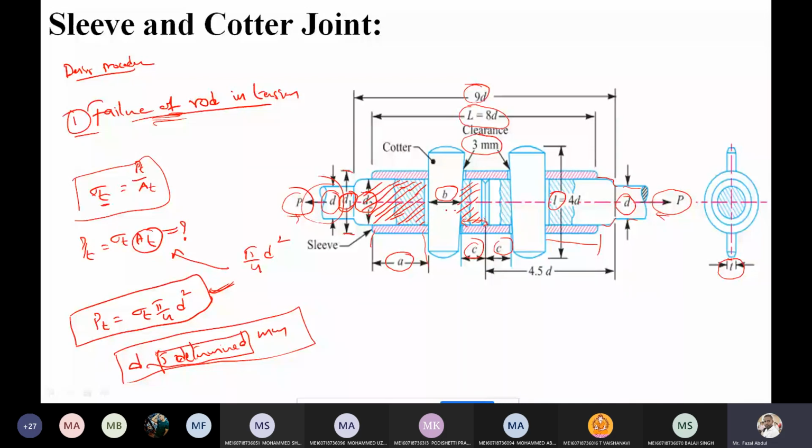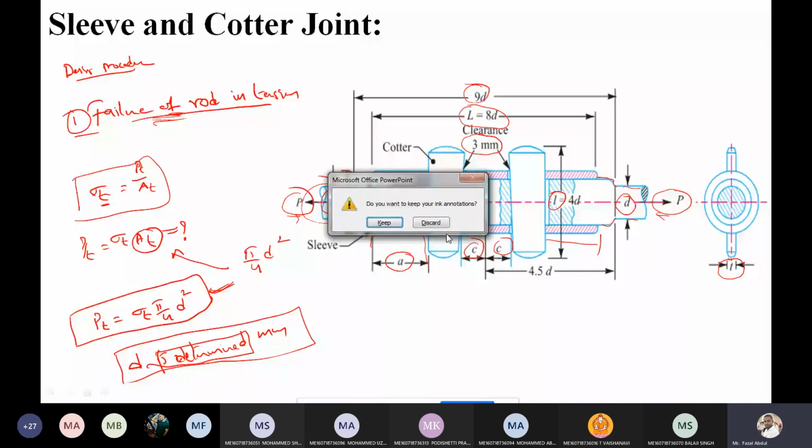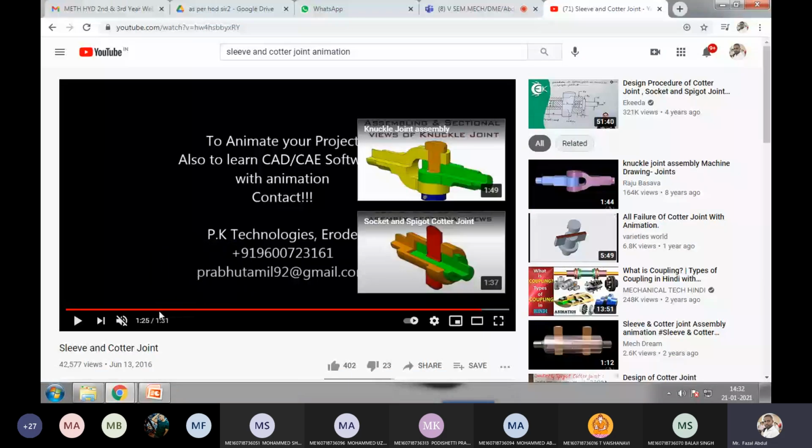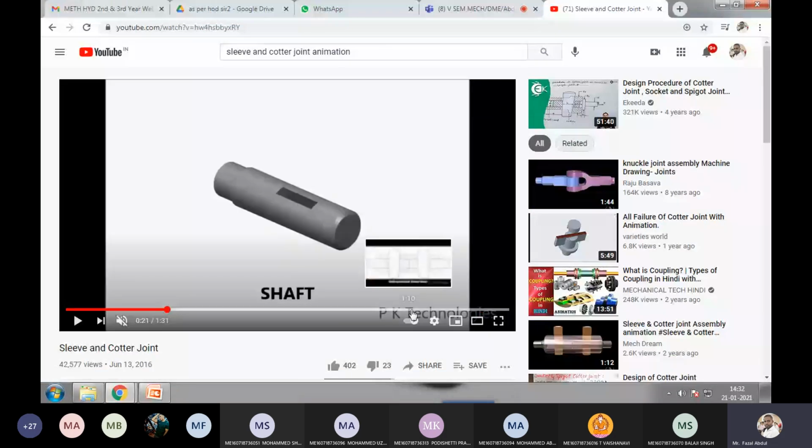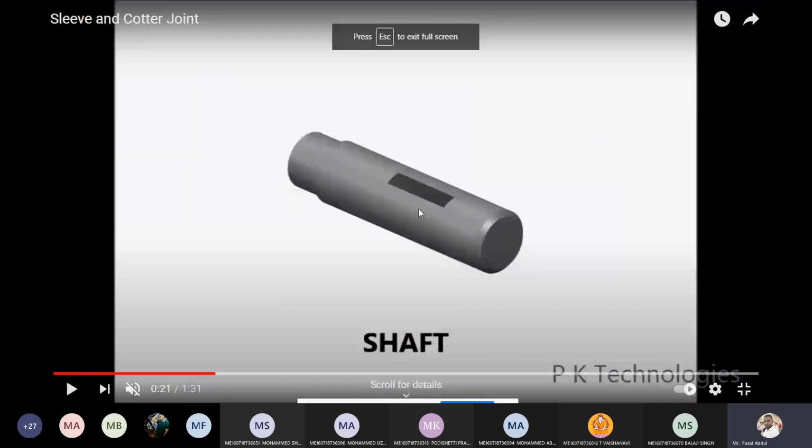Wherever the slot is generated, at the slot portion, we can find the weakest portion. I will show it in the video. See here in this figure, we can find the weakest portion in this region where the cursor is moving. At this section, the weakest portion we can find because here the slot is maintained.